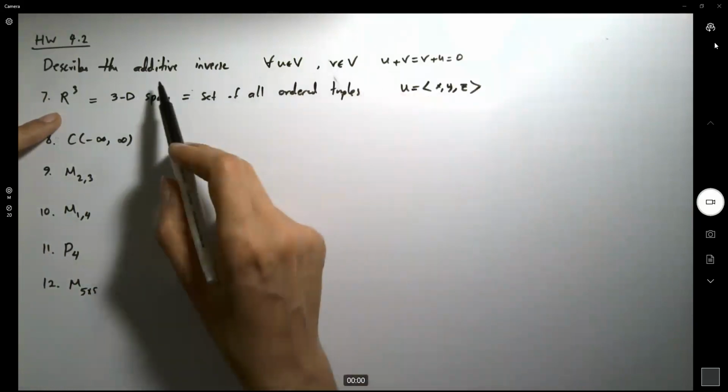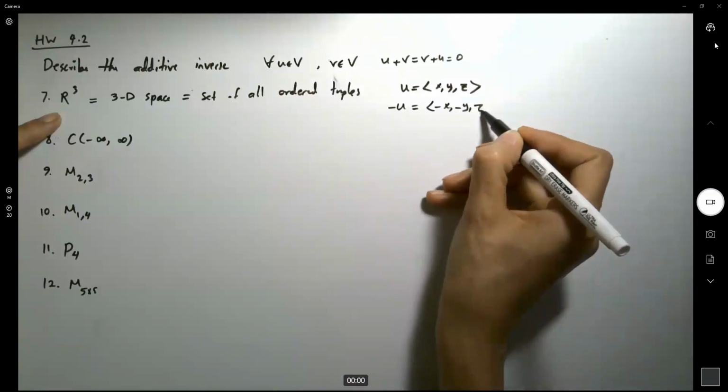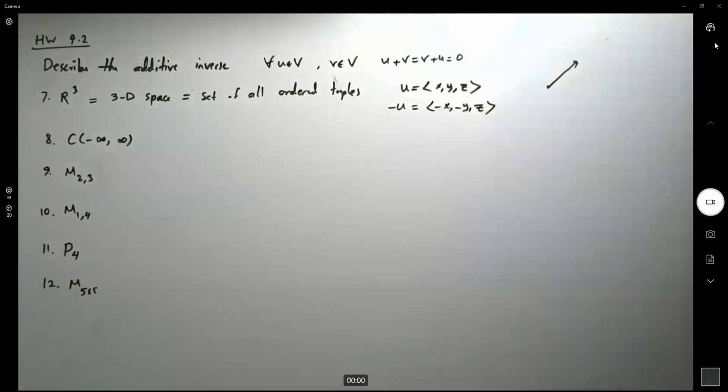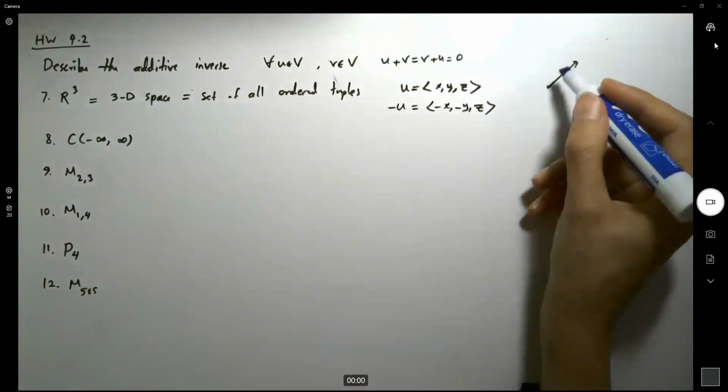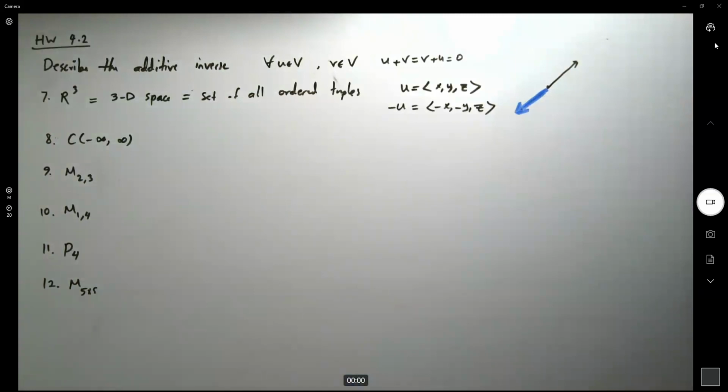Its additive inverse is negative U, which is negative X, negative Y, and negative Z. For any vector you have, the opposite is going to be the additive inverse. Then when you add these two vectors together, the outcome is the 0 vector.